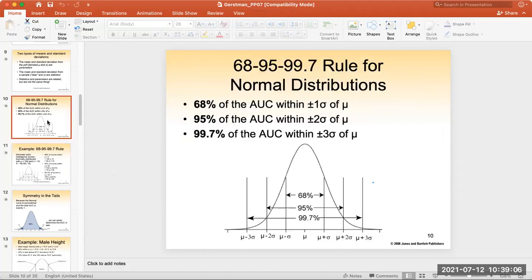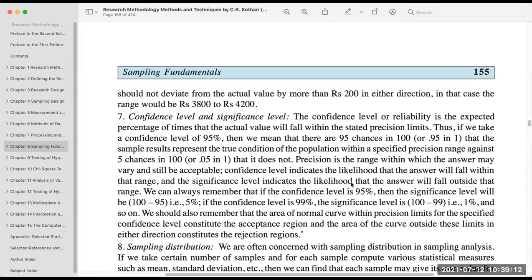So that was the basics we required for this course. Okay, now coming back to the concept, you know that by using the CLT, central limit theorem, we can convert any kind of distribution. Population distribution may be any kind.